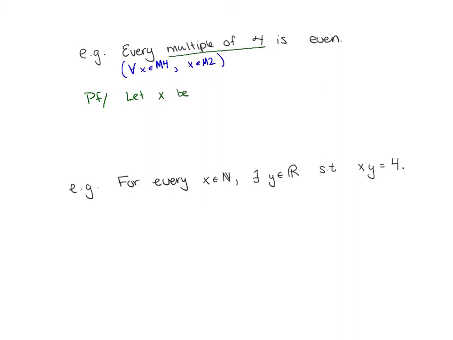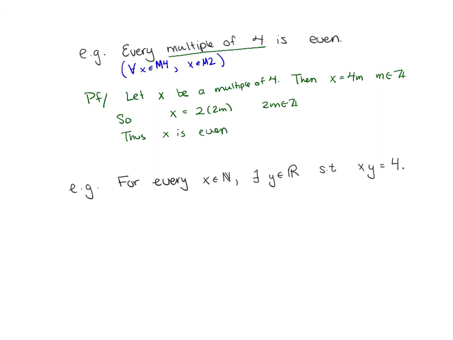So let x be a multiple of 4. Then by definition, x is equal to 4m, where m is in Z. So x is equal to 2 times 2m, where 2m is in Z. Thus, x is even.